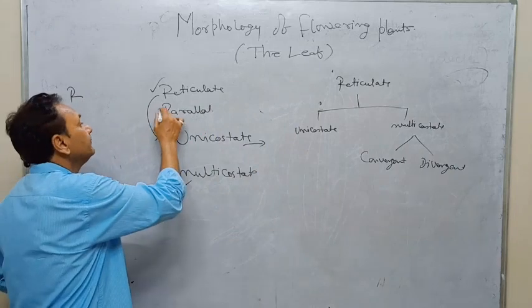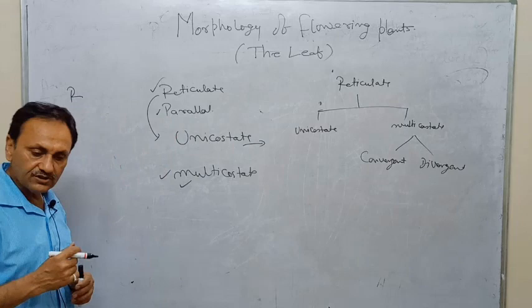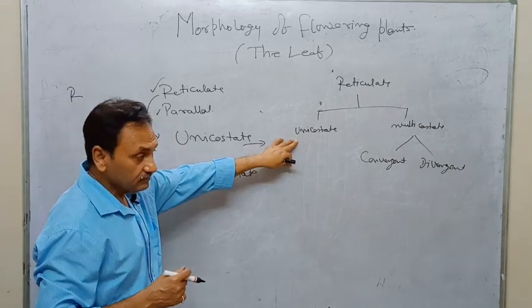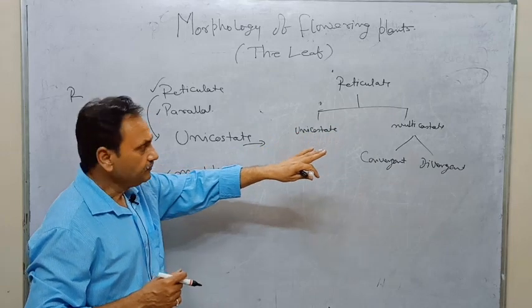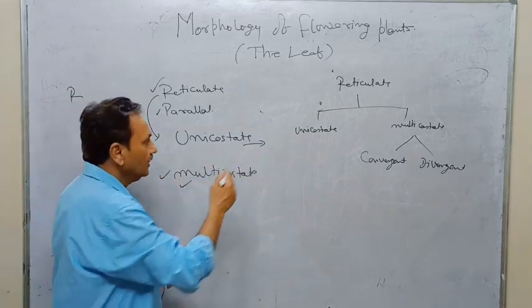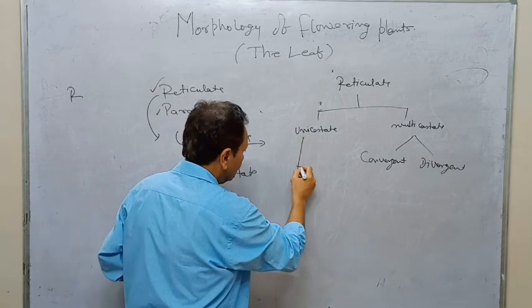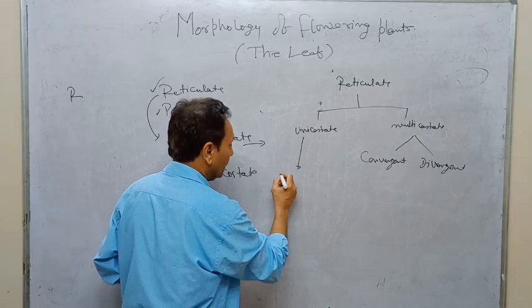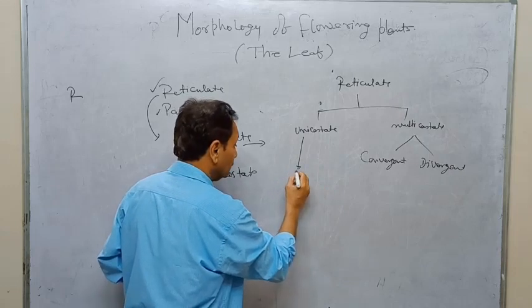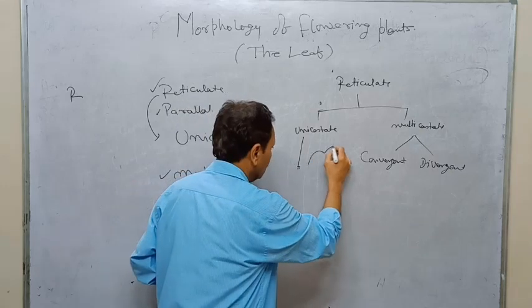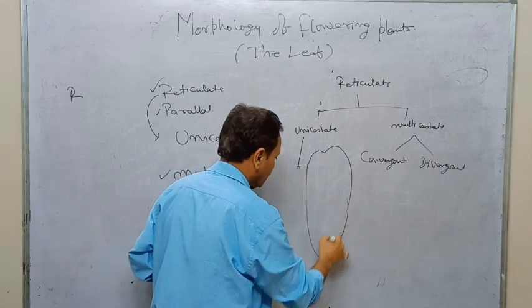Now parallel. Parallel is also of the same types. Parallel is also unicostate and multicostate, and it is also convergent and divergent. In case of unicostate, just as we discussed, it is like the banana, like this one.